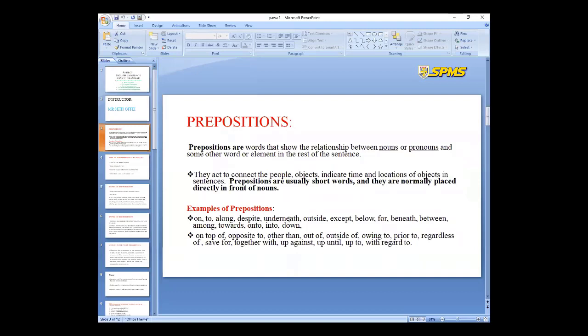Among the words you used, there is one that indicates your state of being or your location at this point, and that is in. You are in your living room. That word that indicates your position at this point is the preposition that we're going to talk about.